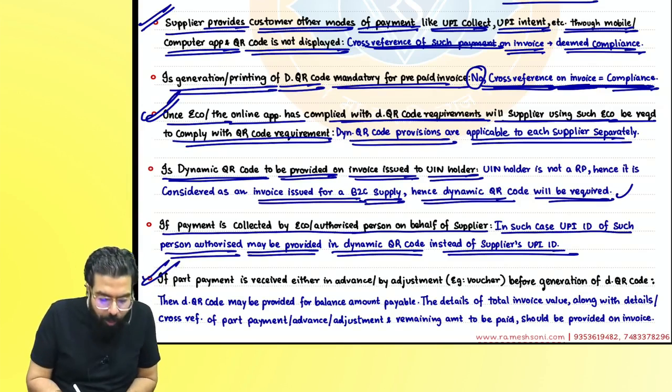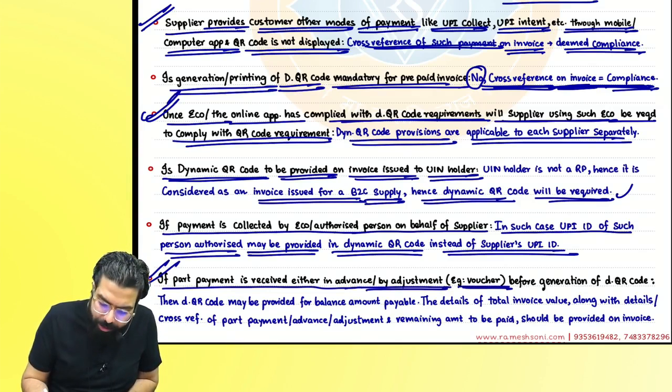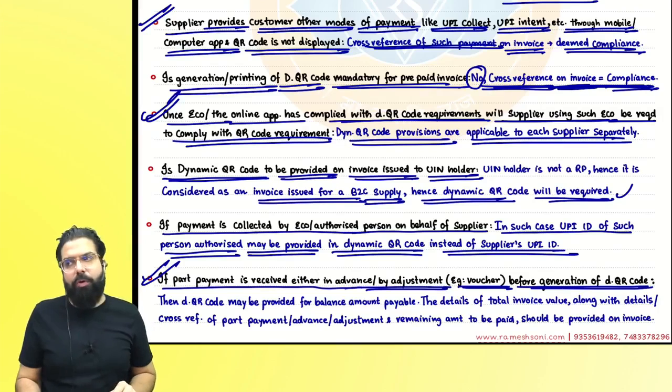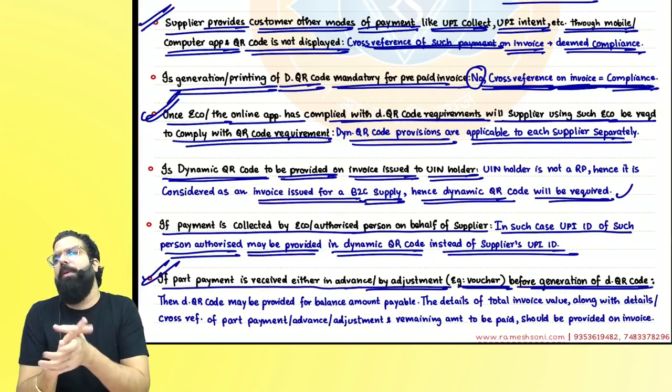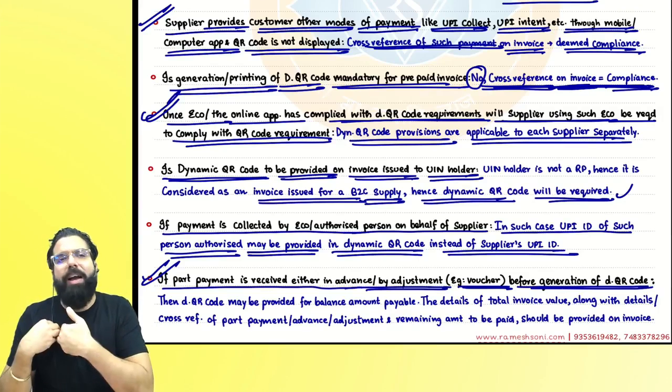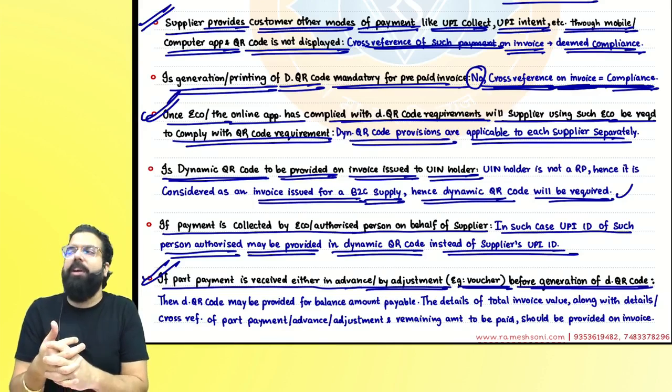Sir, if I have received part payment in advance or through adjustment, maybe the person has given me some voucher or coupon before generation of the dynamic QR code. I sold a pair of jeans for 10,000 rupees, and that person has given me a coupon of 5,000 rupees. Should I give a dynamic QR code for 5,000 rupees or 10,000?